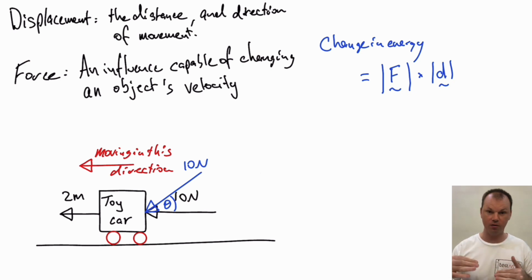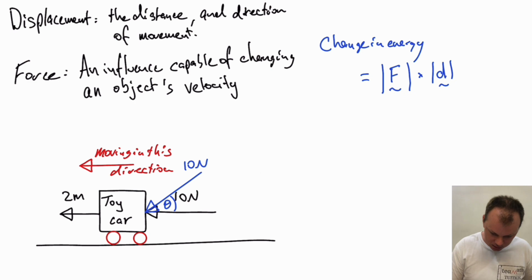It's bound by the ground, so it can't move down. It's always going to move in that horizontal direction. Is this blue force going to impart as much energy onto the car as the black force? Well, the answer is no, because some of the force is being wasted by pushing it into the ground in a direction it can't move.